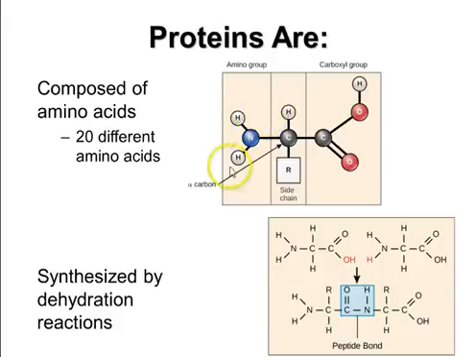So it is an amino acid. And those form into polymers of amino acids called proteins through a peptide bond. Remember dehydration? So that peptide bond here gives off water, and that forms the long polymers of protein molecules out of amino acids.